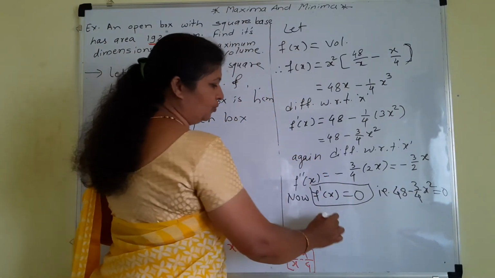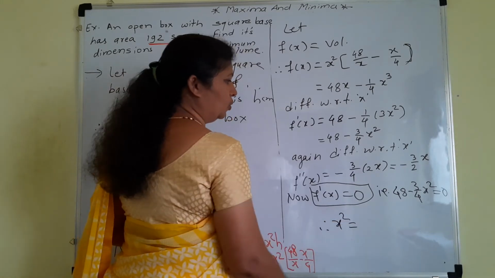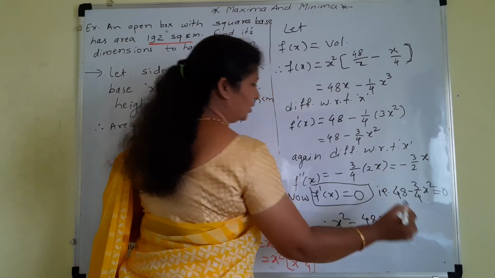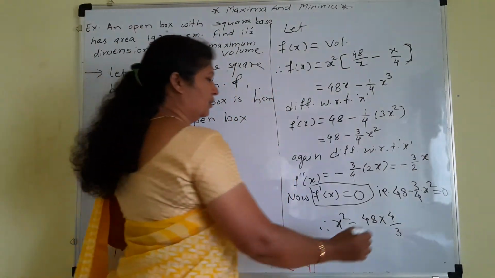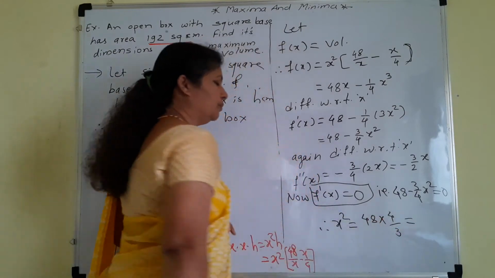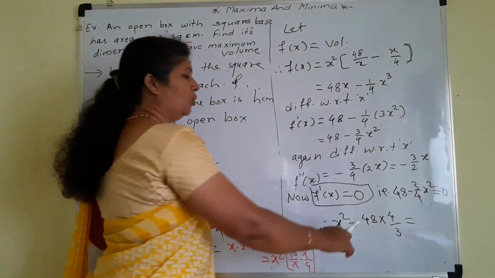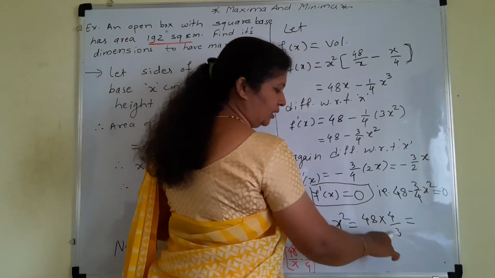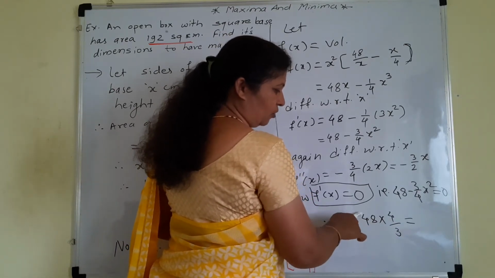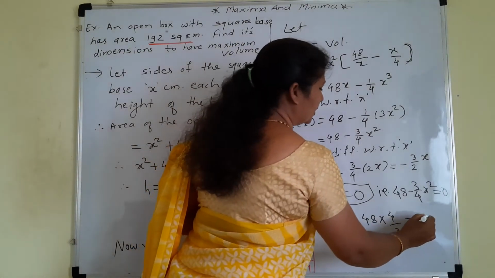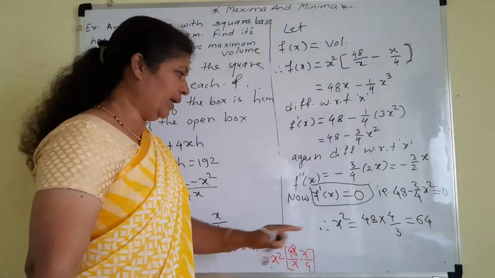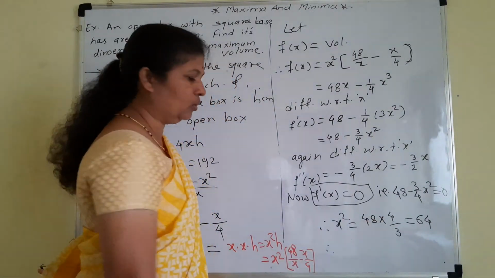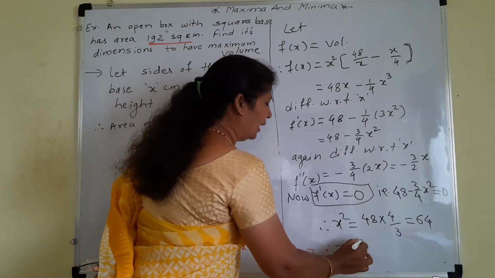Therefore x square is equal to 48 into 4 upon 3. Reducing 48 by 3, 16 threes are 48, so 16 into 4 is 64. x square is equal to 64, and therefore x is equal to 8.